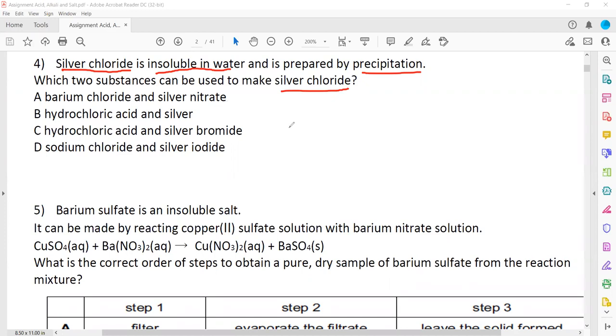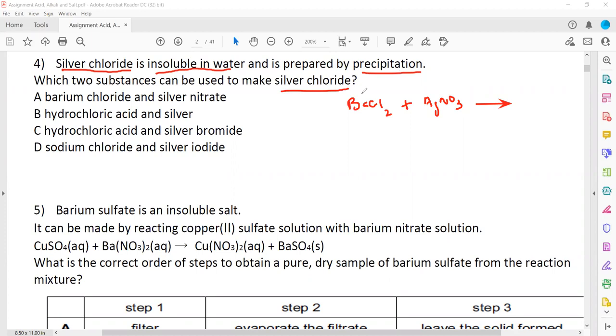If we check the first option for question 4, barium chloride plus silver nitrate. When barium chloride is mixed with silver nitrate, what will happen?